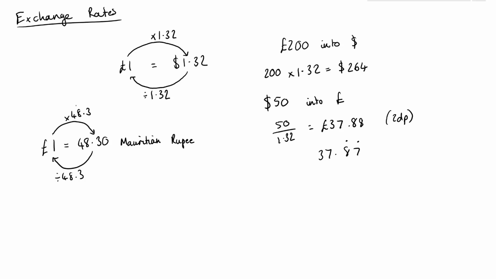I would recommend reading the question fully through, because at the end of the question, they'll usually say, give your answer in pounds or euros or whatever it might be, and then you'll know that you want to convert all of your currencies to that currency. After that, you just apply this method of figuring out how you convert from one to the other, and then you can solve that question.